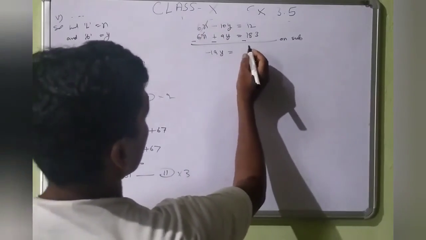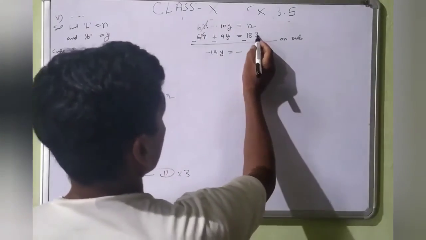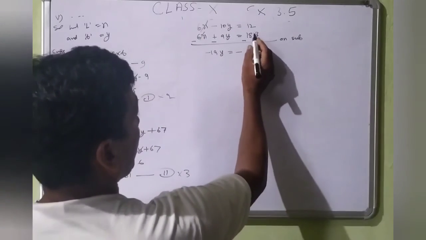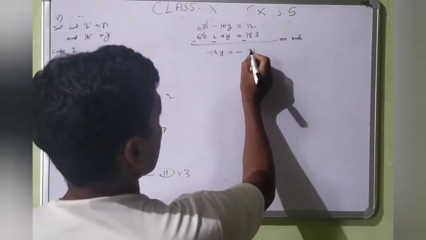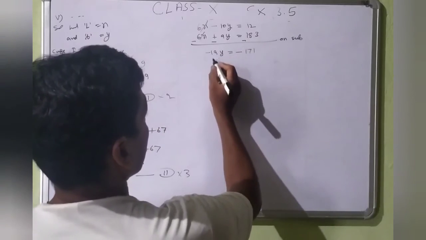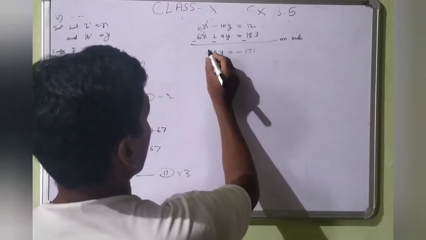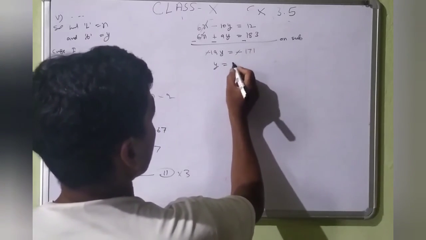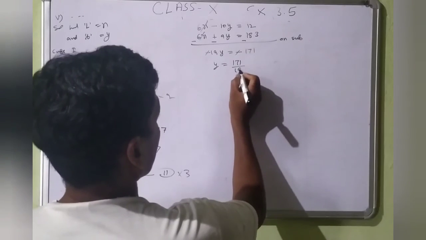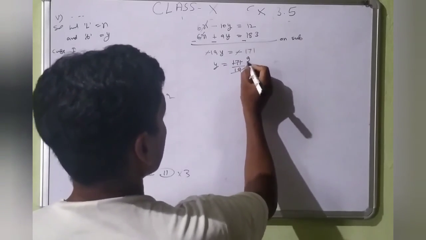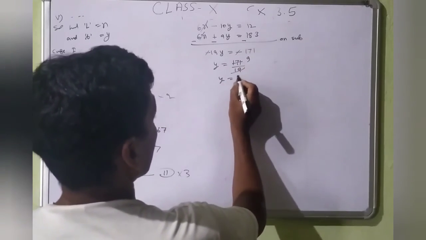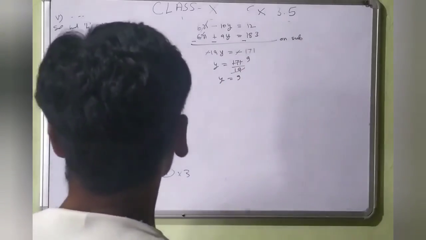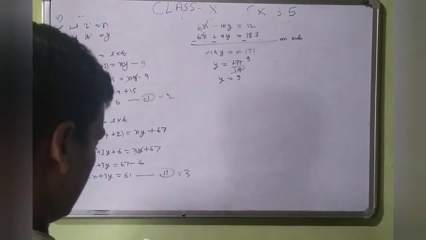So 19y is equal to 171. So y cancels by y, 171 upon 19. 19 times 9, so y is equal to 9.